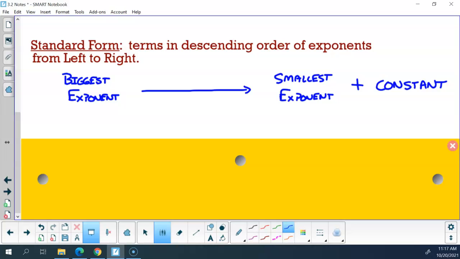Okay. Now, the reason that we do it this way is that this first term with the biggest exponent tells us a bunch of stuff. So the first thing that it's going to tell us is the lead coefficient.